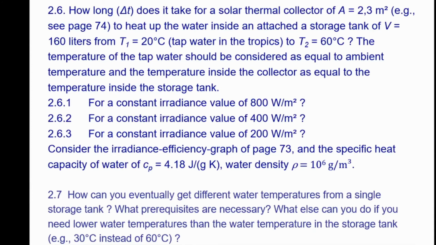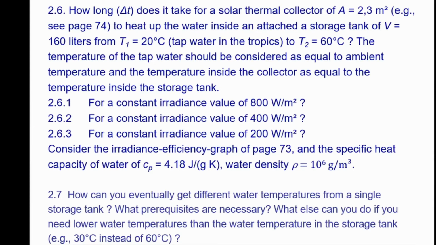The temperature of the tap water should be considered to be equal to ambient temperature, and the temperature inside the collector is equal to the temperature inside the storage tank. So first we consider a constant irradiance value of 800 watt per square meter, then we consider 400 watt per square meter, and last but not least we consider 200 watt per square meter only.